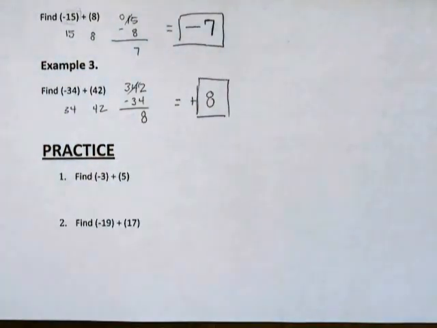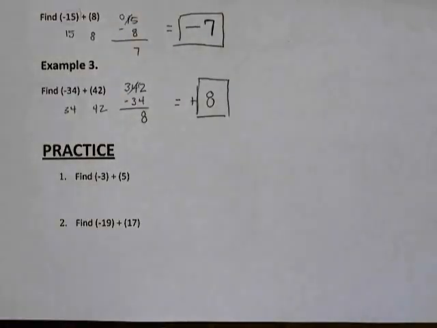Okay. Now here's the thing. This type of stuff is starting to get a little bit more confusing because there's a lot of rules, and it just makes it a little bit harder. So what I really want to encourage you to do, and you really need to do this if you struggle with this at all, is check your work. Whether that's doing a number line, or after you finish all of your homework assignments, going back and looking on a calculator to make sure you've been doing it right.